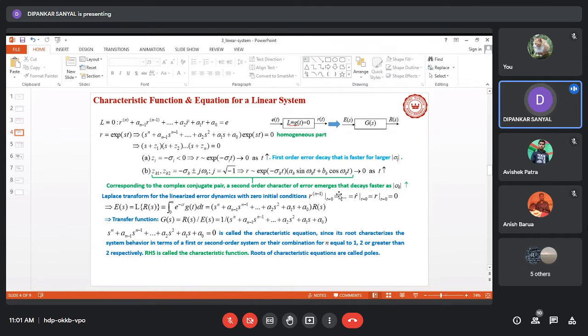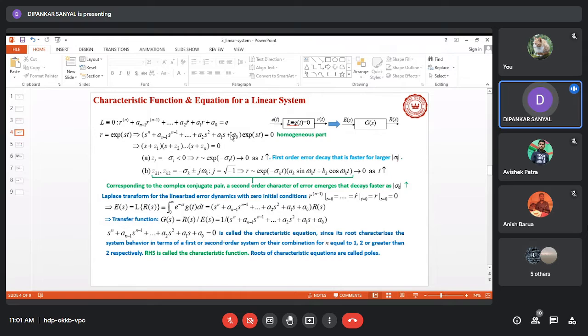With all the initial conditions set to 0, the transfer function is defined as the ratio of output to input, and this results in this kind of algebraic equation for S. This denominator function is called the characteristic function, and this equated to 0, we call it a characteristic equation.